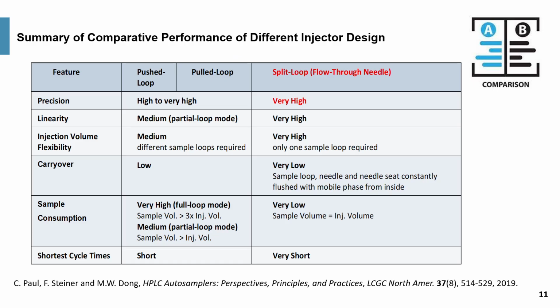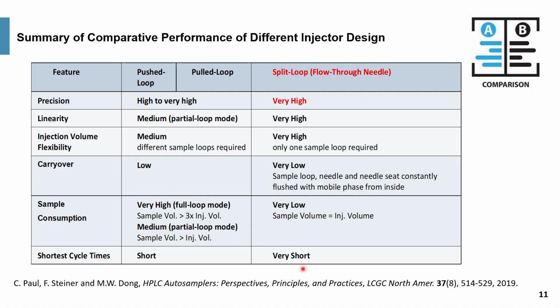Here I want to summarize the comparative performance of different injector designs. The features are precision, linearity, injection volume flexibility, the amount of carryover, sample consumption, how much sample you need if you're sample limited, and also a short cycle time.